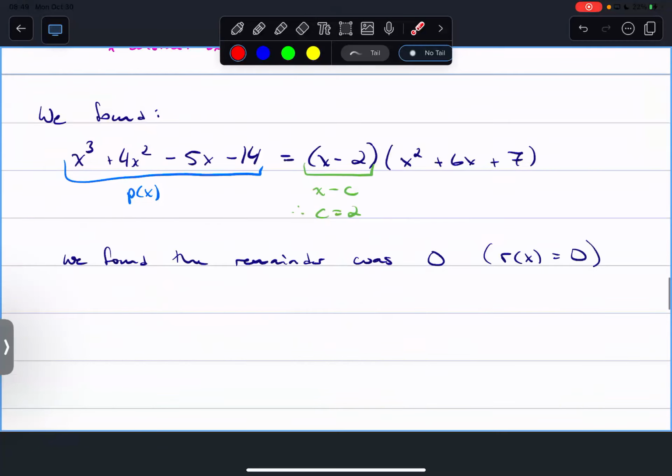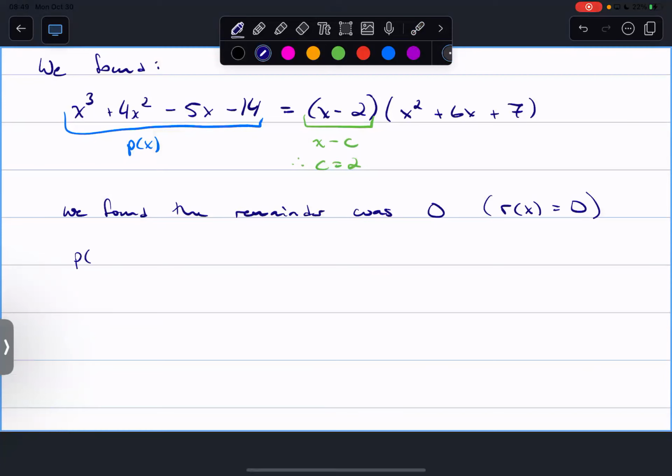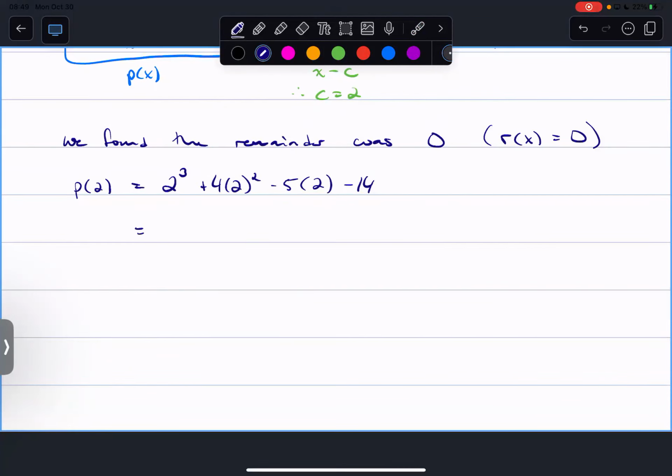Now, if we take p at 2, this is the same thing as 2 to the power of 3 plus 4 times 2 squared minus 5 times 2 minus 14. 2 to the power of 3 is still 8. 4 times 4 is 16, minus 10 minus 14. 8 plus 16 minus 10 minus 14 is 0.